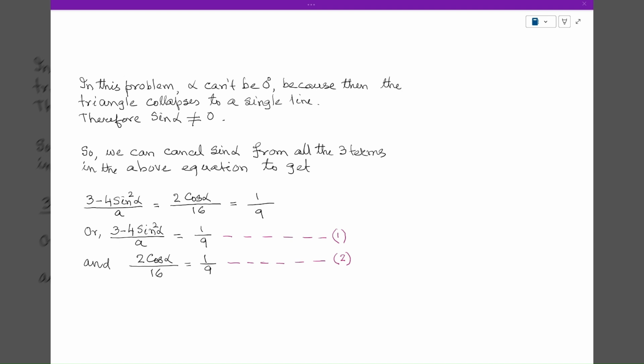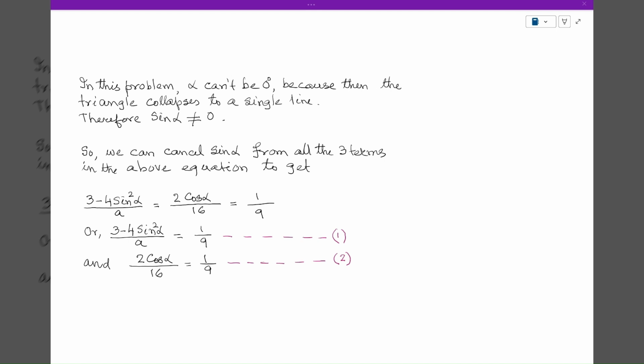So we can cancel sine alpha from all the three terms in the above equations to get 3 minus 4 sine square alpha divided by A is equal to 2 cos alpha divided by 16 is equal to 1 by 9.